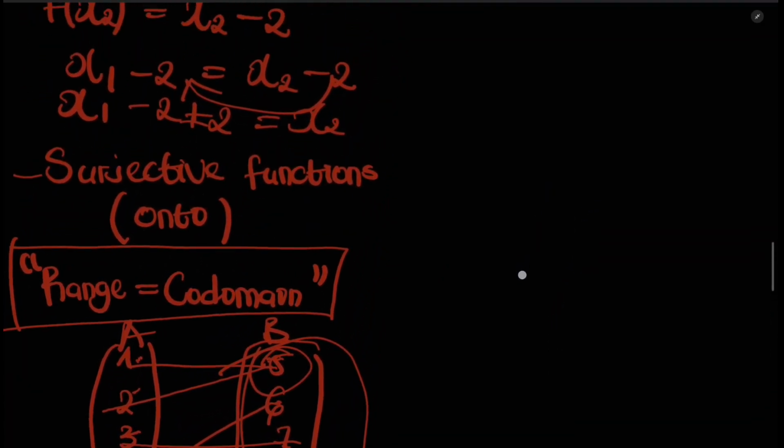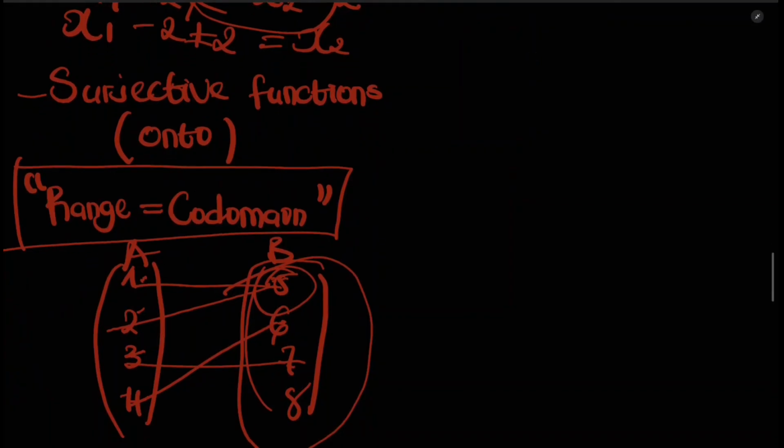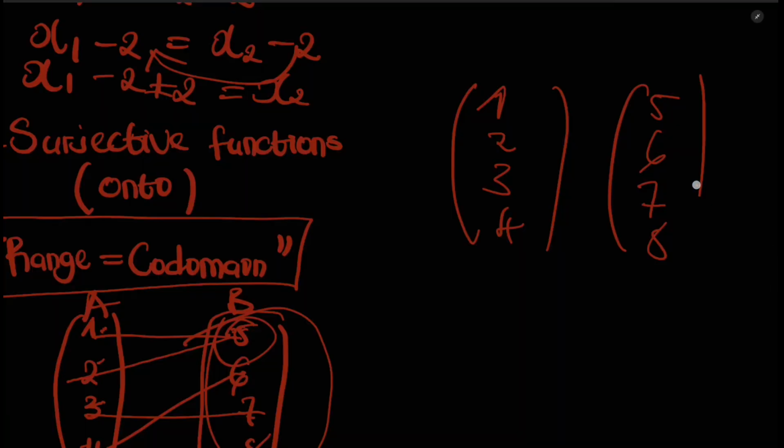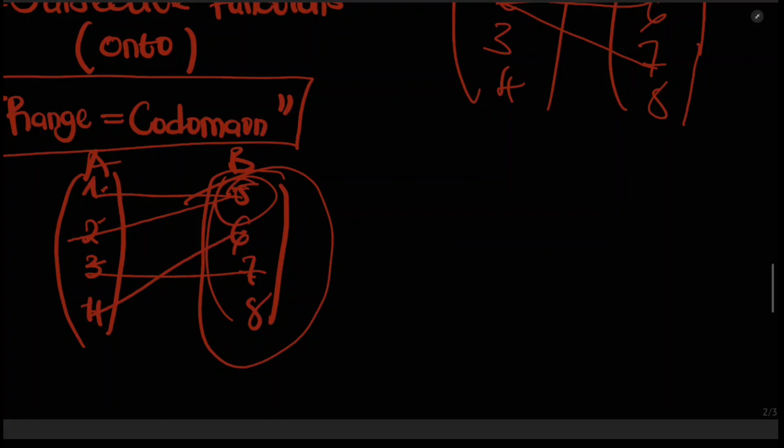Okay, let's take a case where it is not surjective. Let's say we have the same 1, 2, 3, and 4, and let's say we have 5, 6, 7. Okay, sorry. Let's come back to this case here.